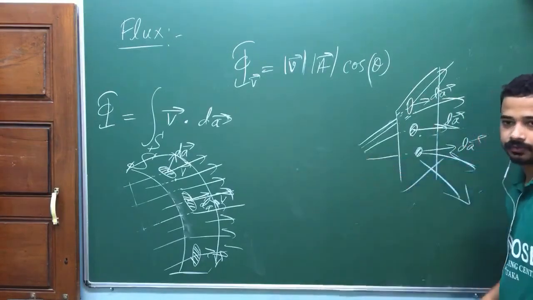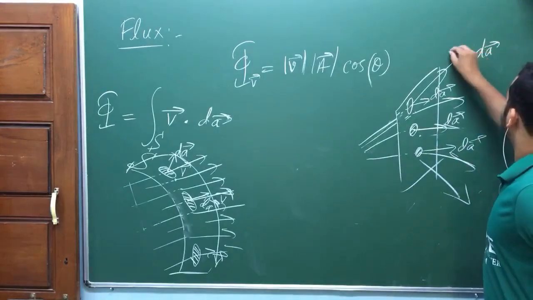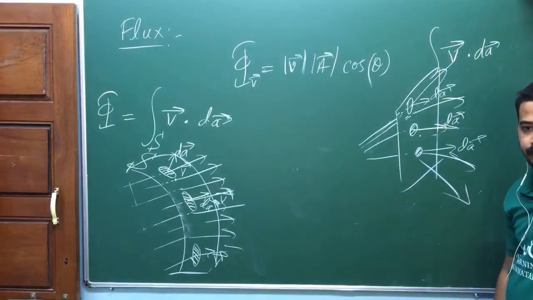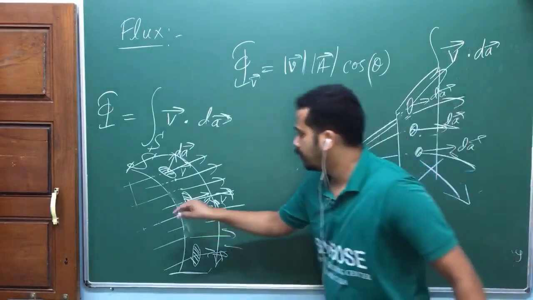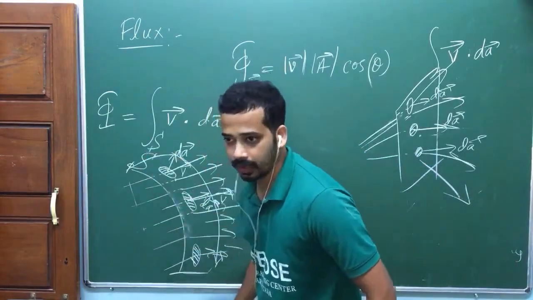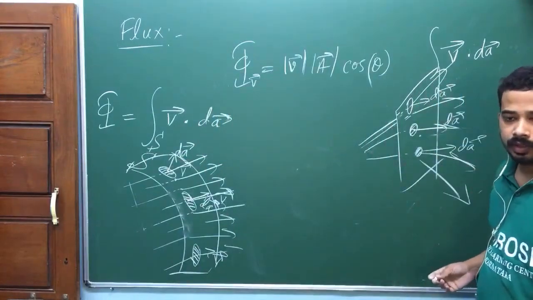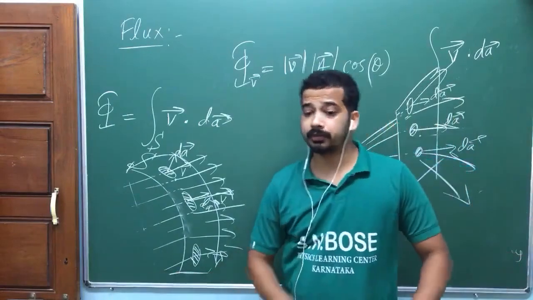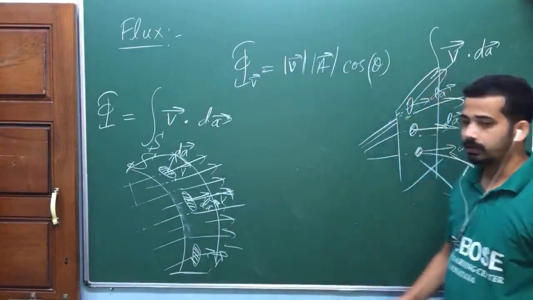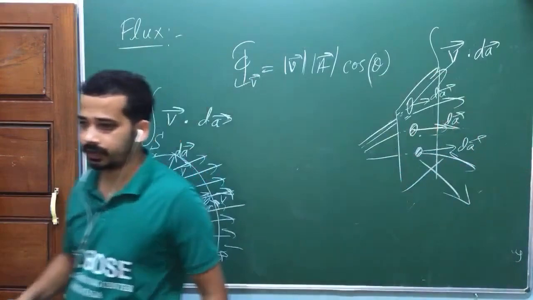Again the same expression: take the dot product of the dA vector with the V vector and integrate. Here I have taken the vector field uniform, surface curved. Here I have taken the surface planar, vector field non-uniform. Maybe the vector field is also non-uniform and the surface also curved. Then, in all cases, this integral will give you the flux through the surface area.